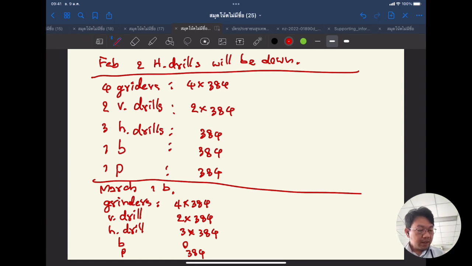Then we can formulate the availability of the time for each machine. And for April, one vertical drill will be down. So, using the same way, you can formulate the available machines for April.